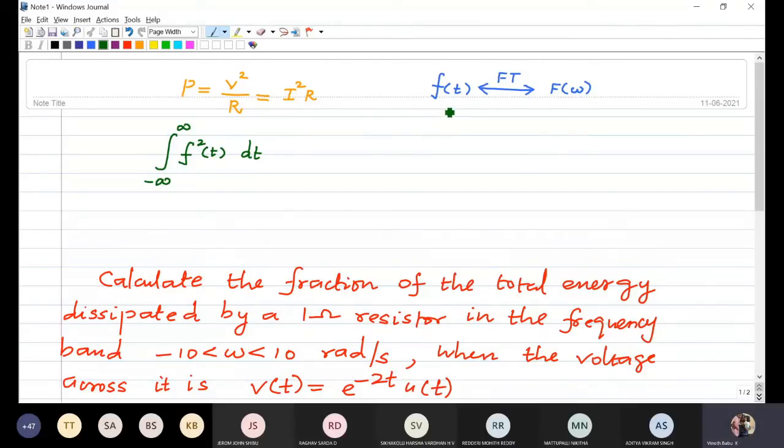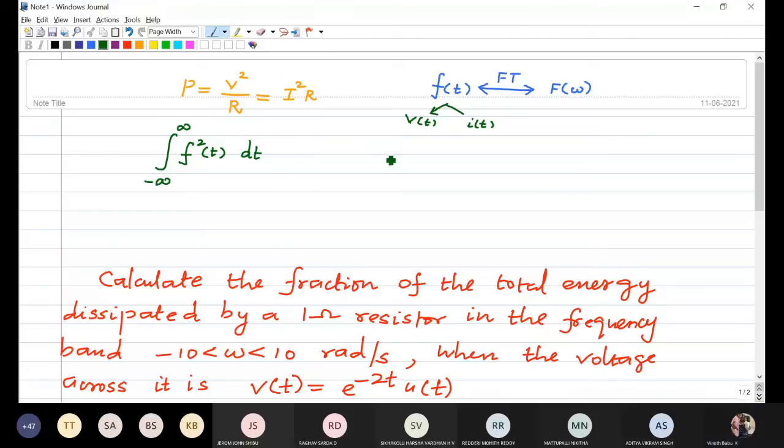This f of t can be a voltage waveform or a current waveform, v of t or i of t. Generally I wrote f of t. So for a signal, if you want to find out the power, this is the way. Energy or power, you will be calculating like this.